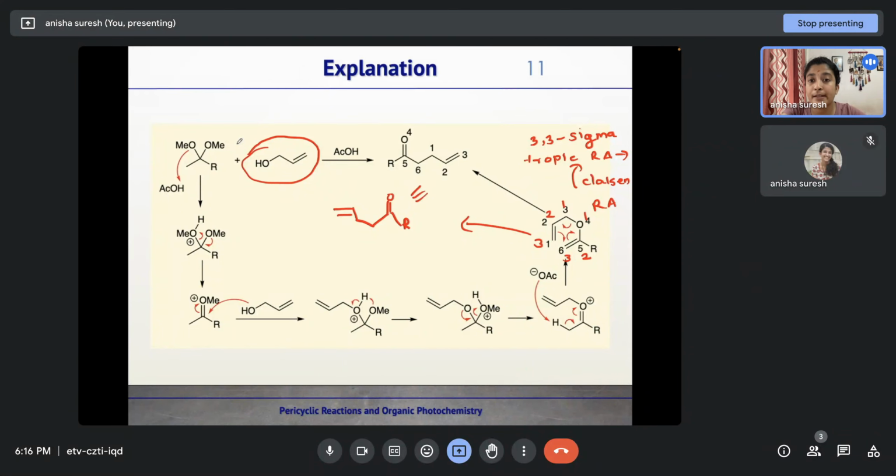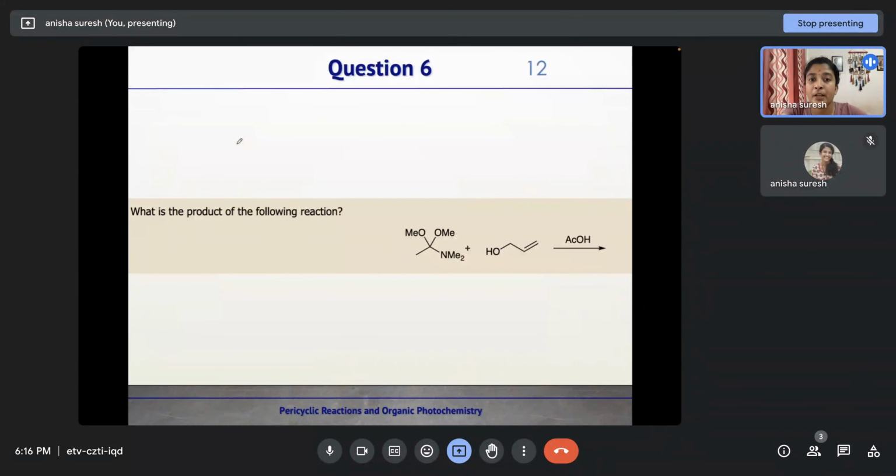Mechanism is easy to understand. Now coming to question number 6. It is following a similar mechanism, but here an amine is involved. Because of that, this reaction is known as Eschenmoser-Claisen rearrangement.